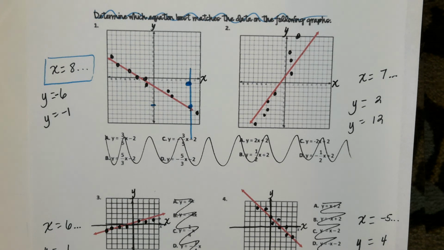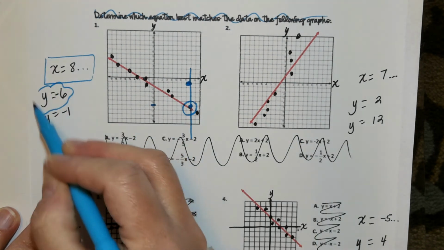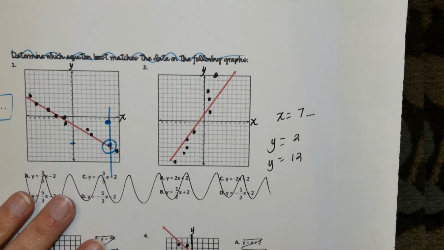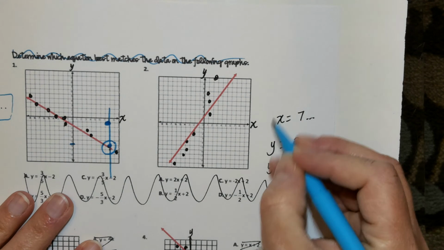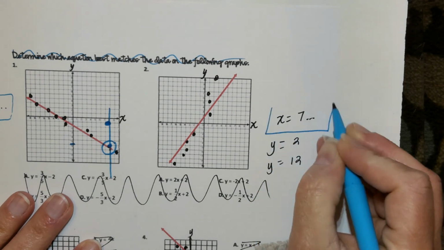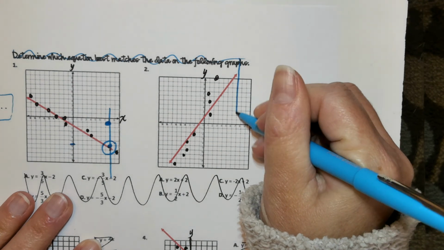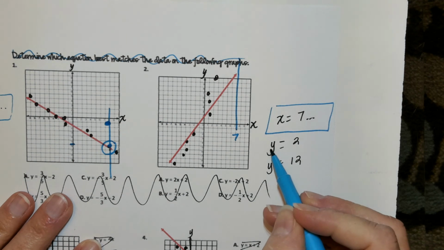So if we came across, that would put a dot there. Or for y to have a value of -1. -1 is here, but we're talking about over here where x is 8. So once you get those two possibilities visualized, which one seems to most closely match the trend of the dots, your scatter plot, or your line of best fit? It's clearly this one, this dot, which was our first choice, where y was -6. Okay?